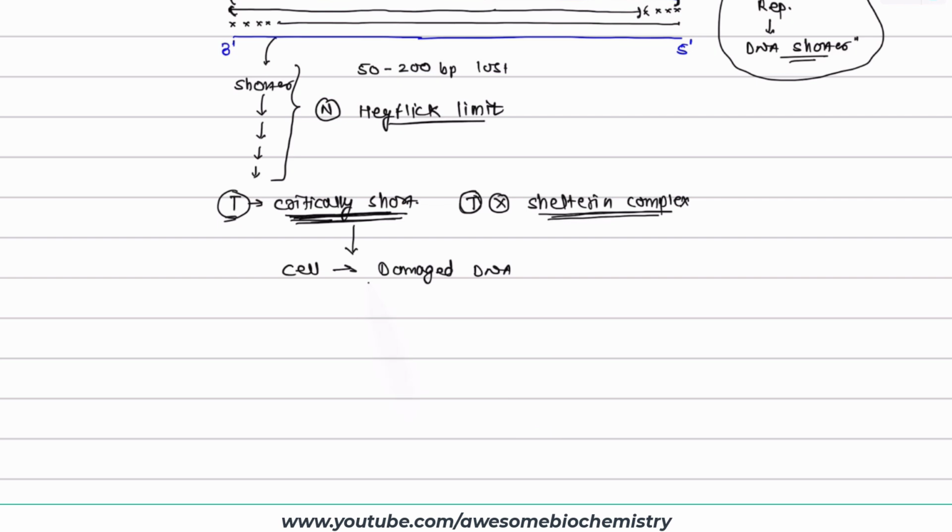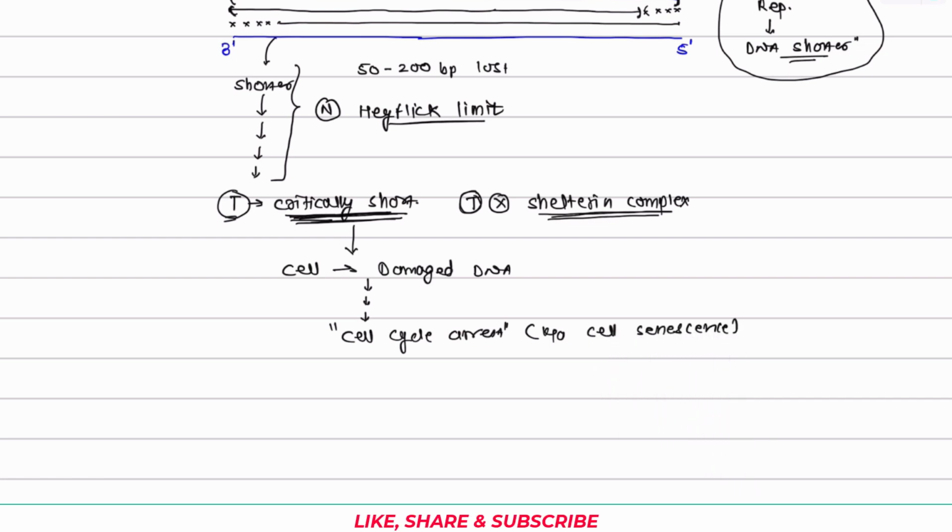And this leads to a very complex, multi-step sequence of events, which ultimately leads to a special state called cell cycle arrest. It is also known as cell senescence, and such cells are called senescent cells.